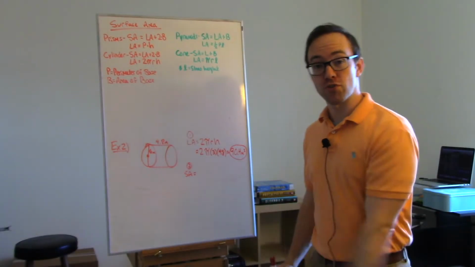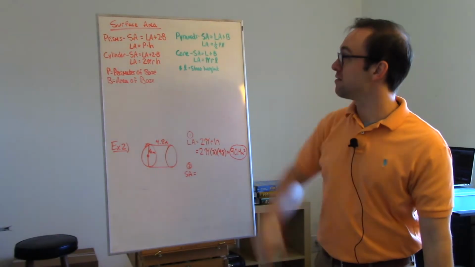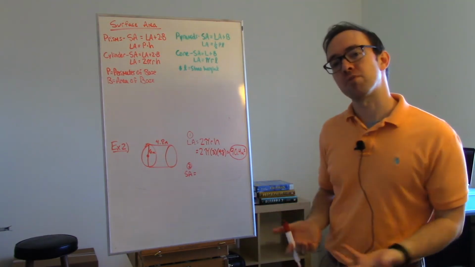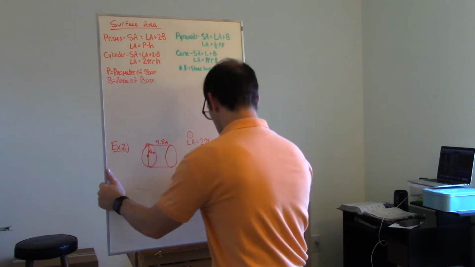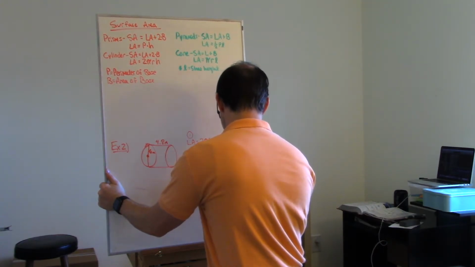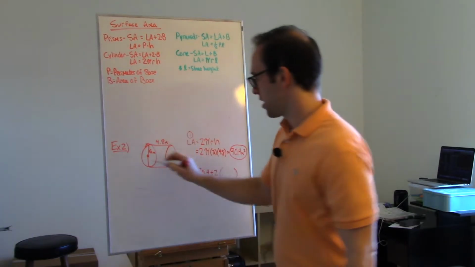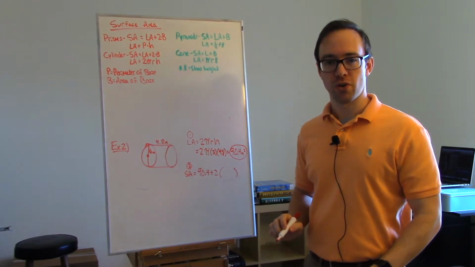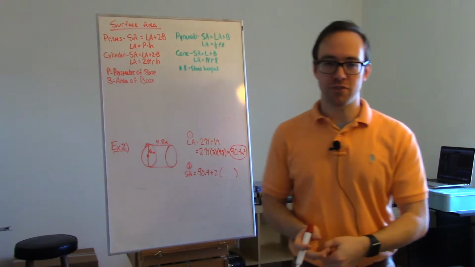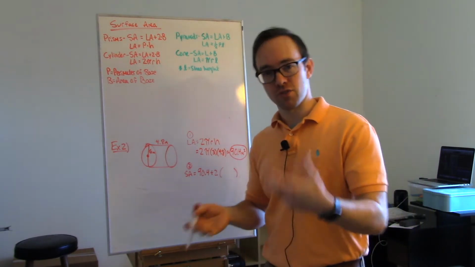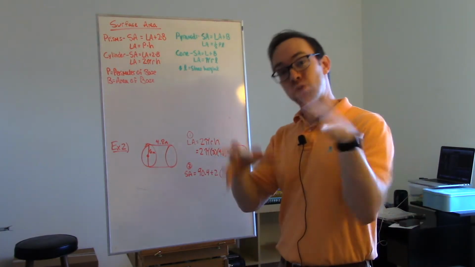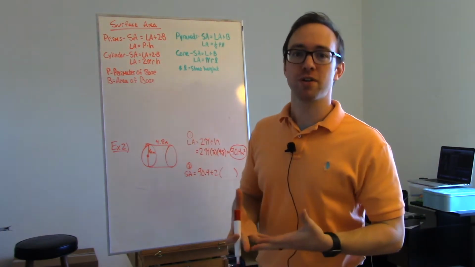Now the second step, surface area. The surface area of a cylinder is the lateral area plus 2 times the area of the base. So 90.4 plus 2 times the area of that circle. If you remember back to that circle unit in the very first lesson, we talked about area of circles, which pi r squared was a formula many of you were able to reference without going to your textbook.